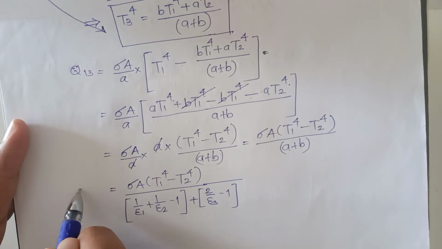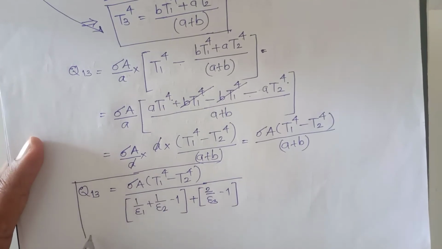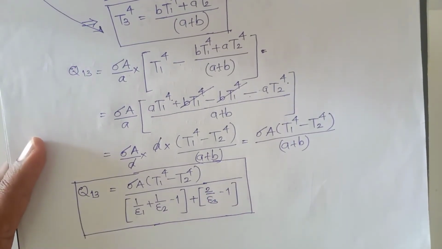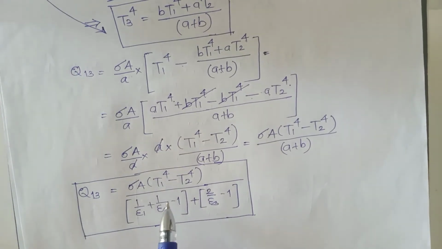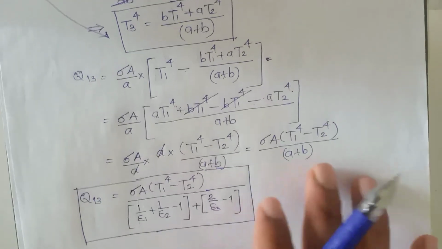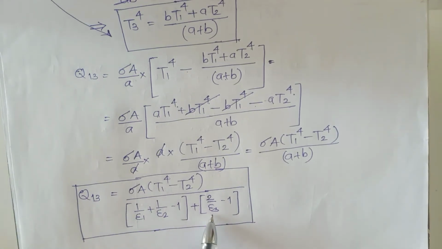So this is heat transfer rate between surface 1 and 3. This will be the basic expression. So you see that heat transfer between 1 and 3 is expressed in terms of temperatures T1 and T2. So at that point, we do not even need to know the temperature of the third surface or the radiation shield. We just need to know its emissivity.